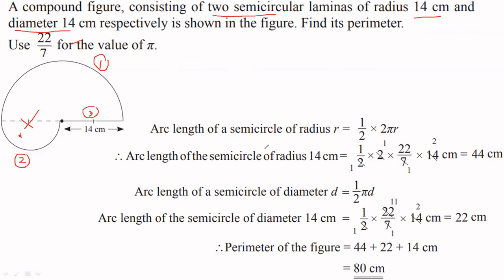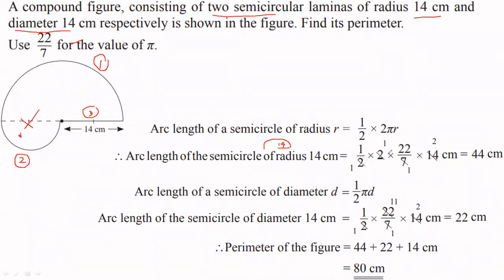I will draw it this way. Bigger semicircle. Radius is 14. In the bigger semicircle, this 14 means radius. So half into 2 pi r. If you want, you can use pi r directly.